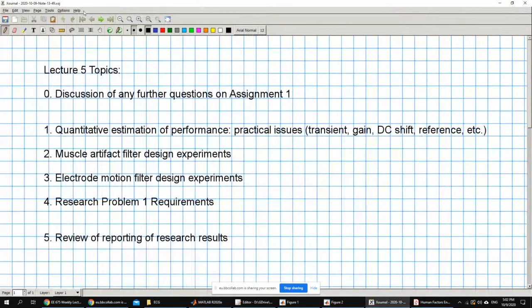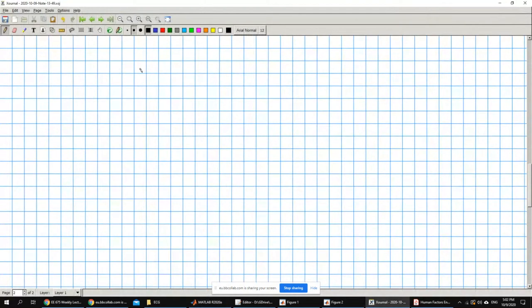So let me give you the generalized form for any calculation like this. If you have x and x estimate, each one of these is just an array. If you remember from geometry or linear algebra, each one of these is like a vector.